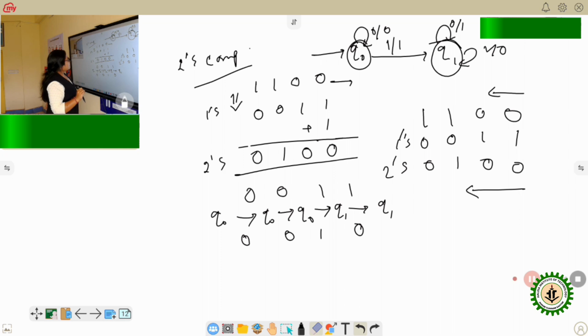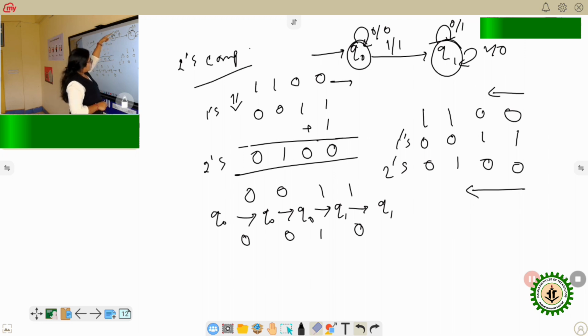Okay, so now if we consider this example 1100, first find out the two's complement. Consider from here: 0 0, 0 0. 1, leave it as it is; the next 1 will be complemented to 0. And remember, you have to read it from LSB to MSB. Okay, so this is my diagram. This is the initial state.